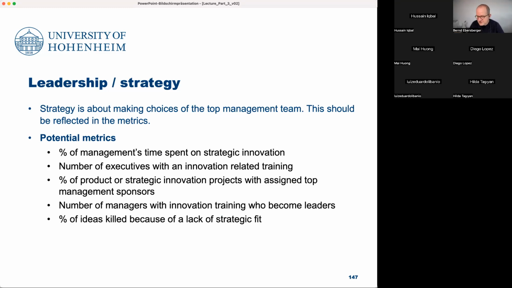Now, very interesting measure, and it's probably astounding what you're going to get when you ask top management what's the fraction of your overall time that you spend on strategic innovation? You would probably find that this is a very low number.